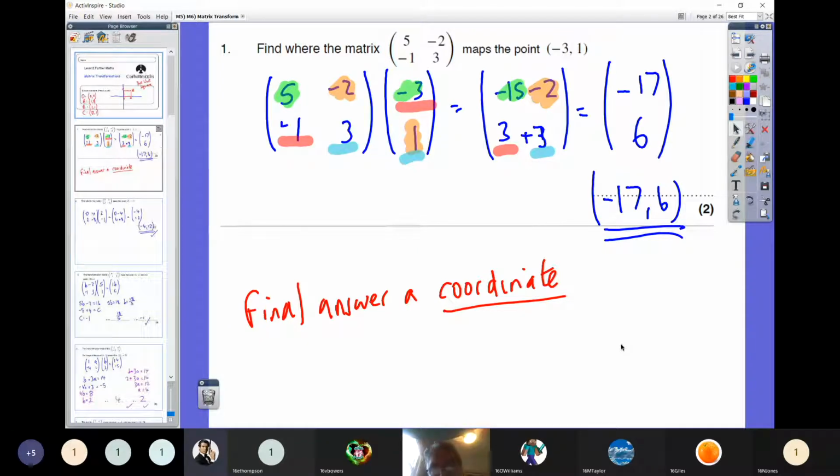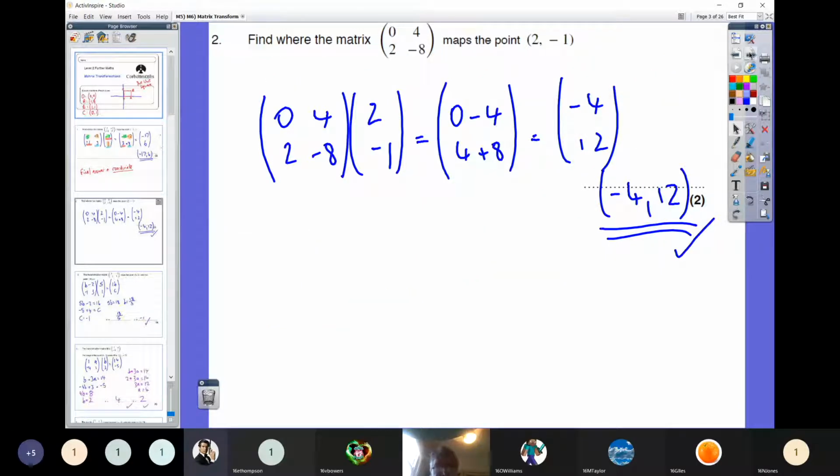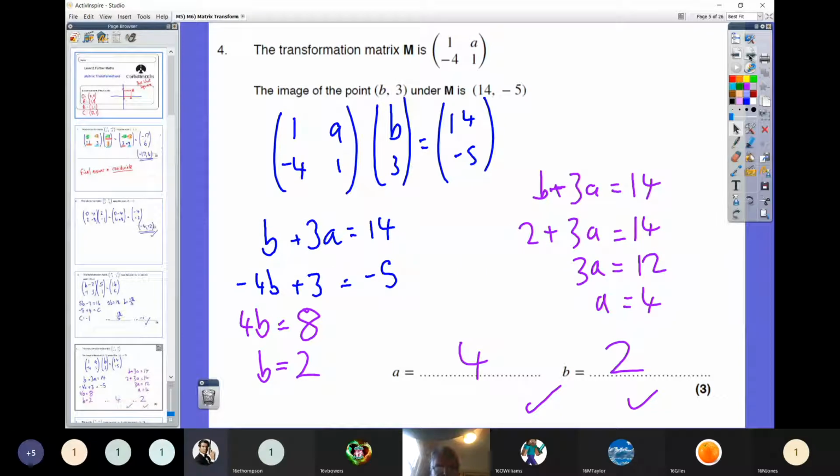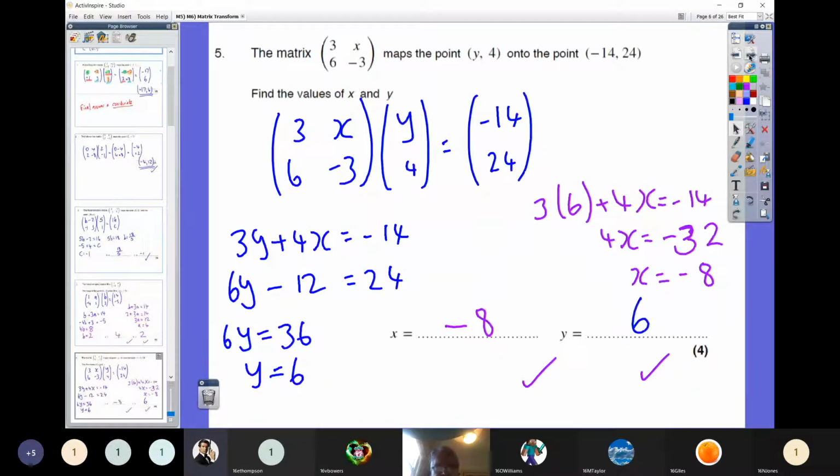So it's going from a coordinate to a coordinate. So once you've got that -17/6 by way of your matrix work, please just turn it into a coordinate. So I think that was the first few questions in the worksheet. So all the same principles. It's just sometimes we've got some unknown letters, but that's basically what's going on. Questions 1 to 5.